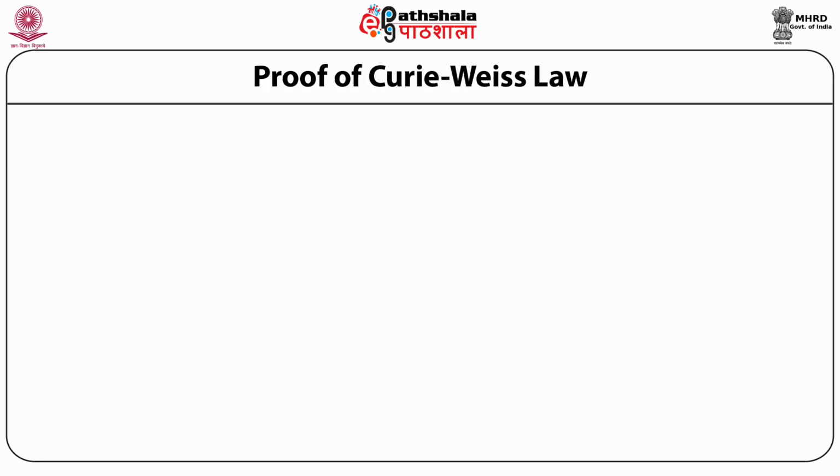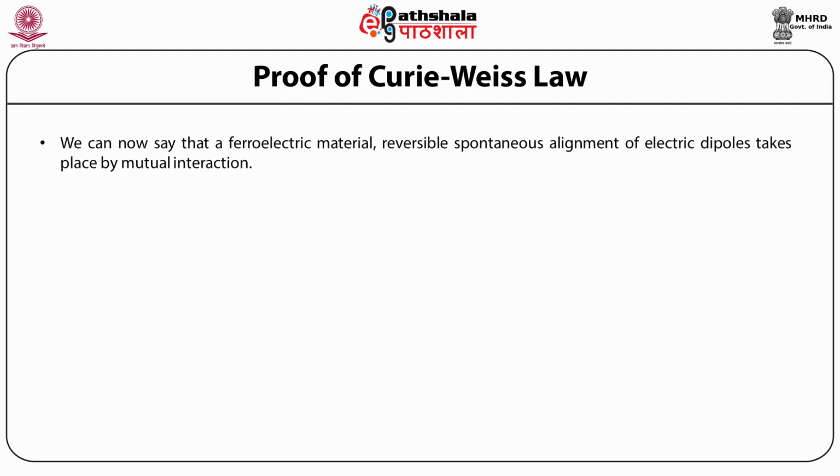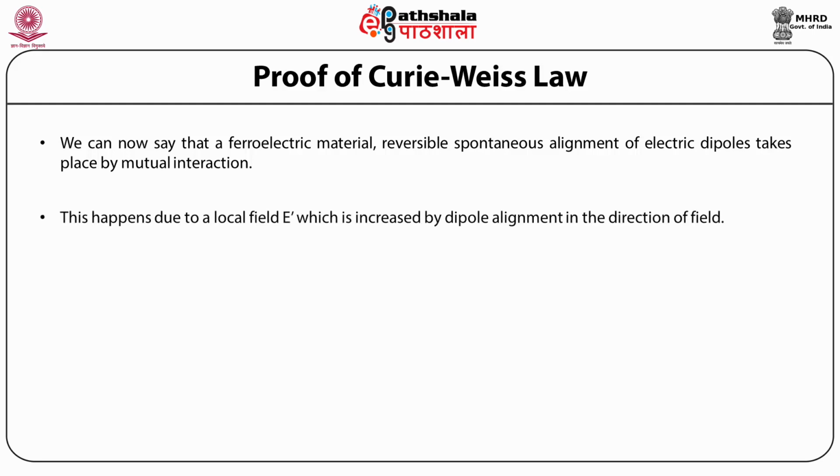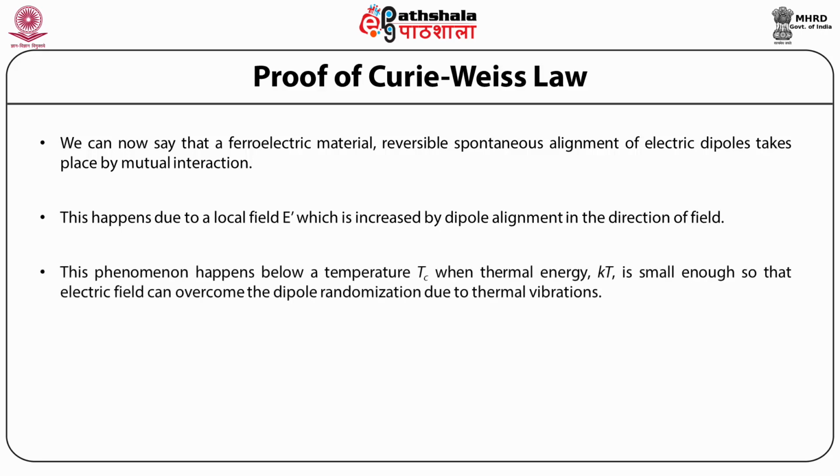Proof of the Curie-Weiss law. We can now say that in a ferroelectric material, reversible spontaneous alignment of electric dipoles takes place by mutual interaction. This happens due to a local field E', which is increased by dipole alignment in the direction of the field. This phenomenon happens below a temperature Tc when the thermal energy, that is kT, is small enough so that the electric field can overcome the dipole randomization due to thermal vibrations.